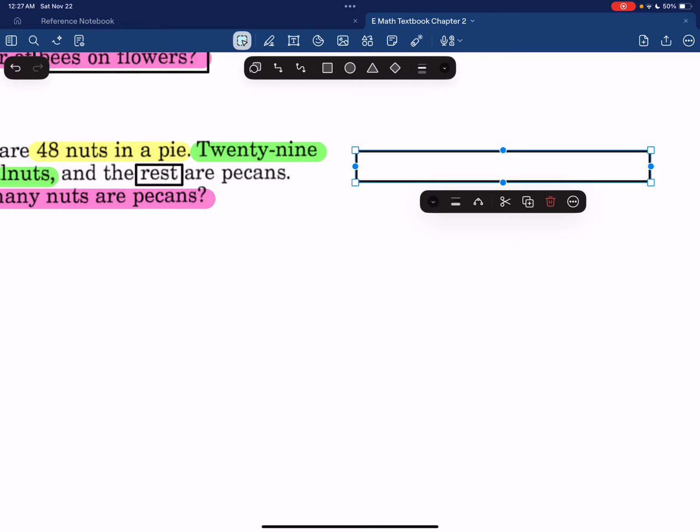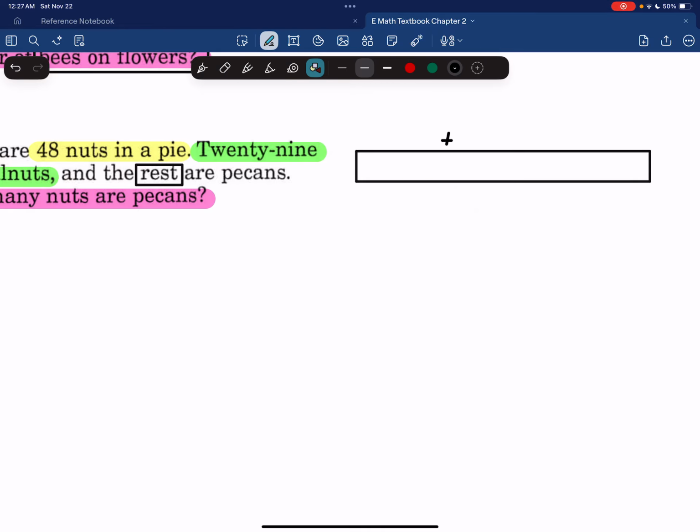We know that our total goes on the top or the bottom. You could put it down there if you wanted it. So we have 48 nuts in total. We have two different kinds. We have walnuts, which they told us there are 29. And then we have pecans, and that's the unknown.